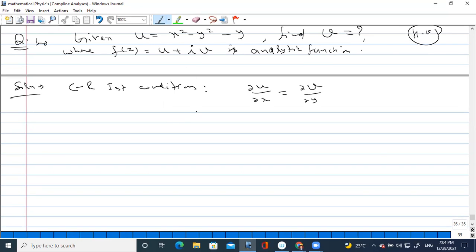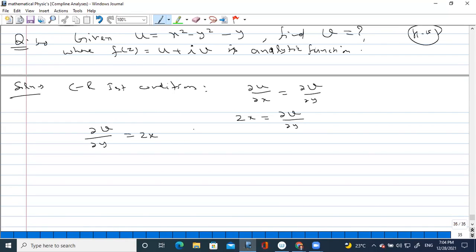Differentiating u, from here it will be 2x, equal to del v over del y. Now we have to integrate it. Del v over del y is 2x, and the integration is with respect to y.